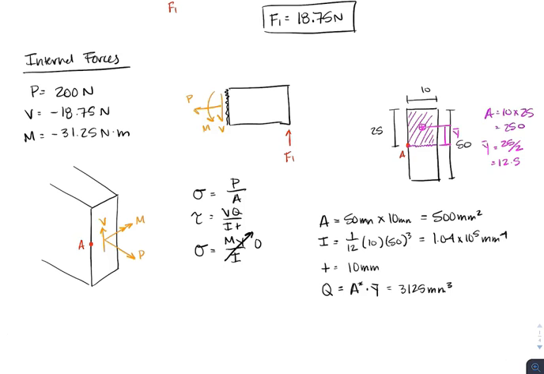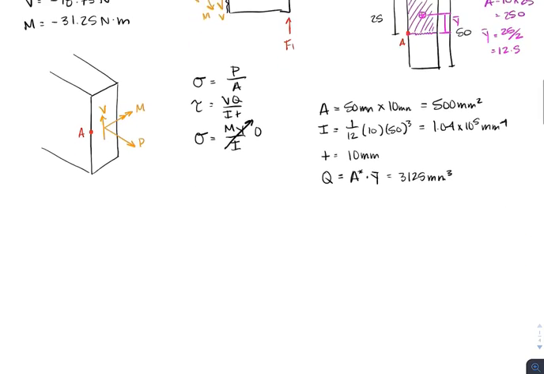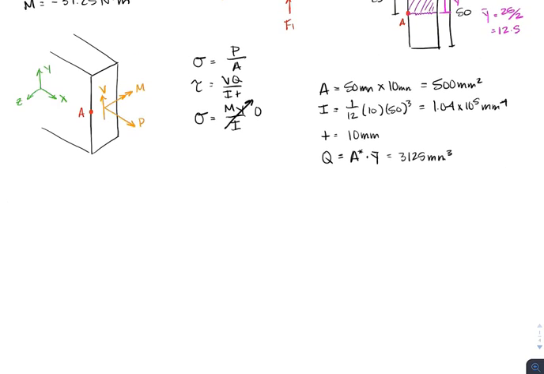So now that we have all those values, we can go ahead and solve for what our stresses are going to be. Let's start with our axial stress. Our axial stress is going to be sigma xx, since x is the axis running perpendicular to our cut face.